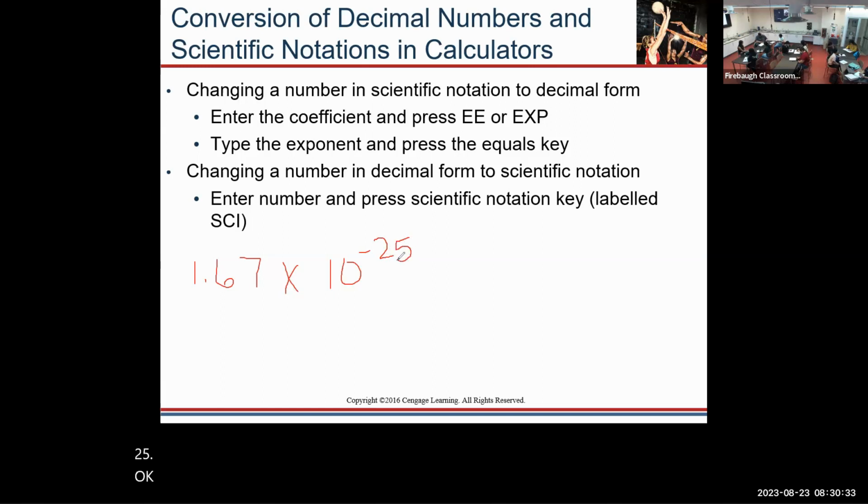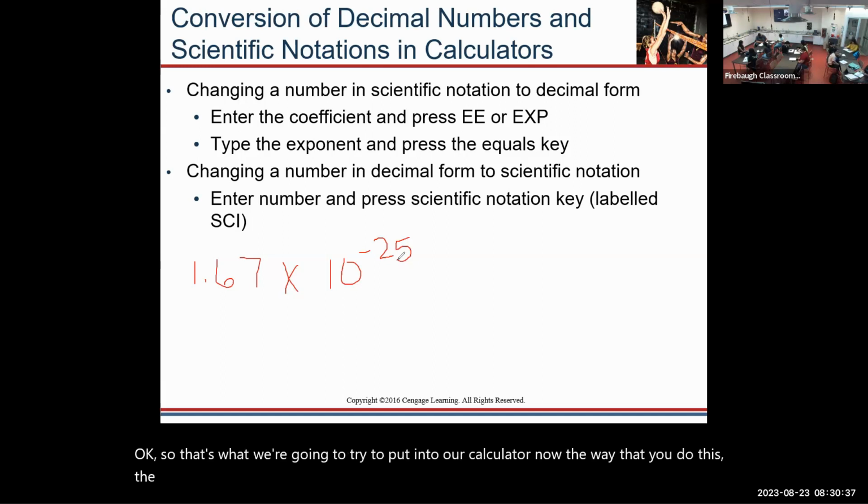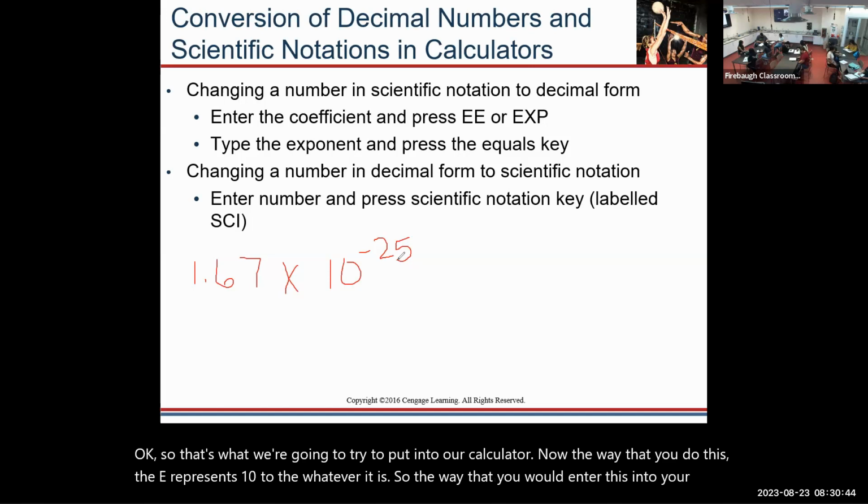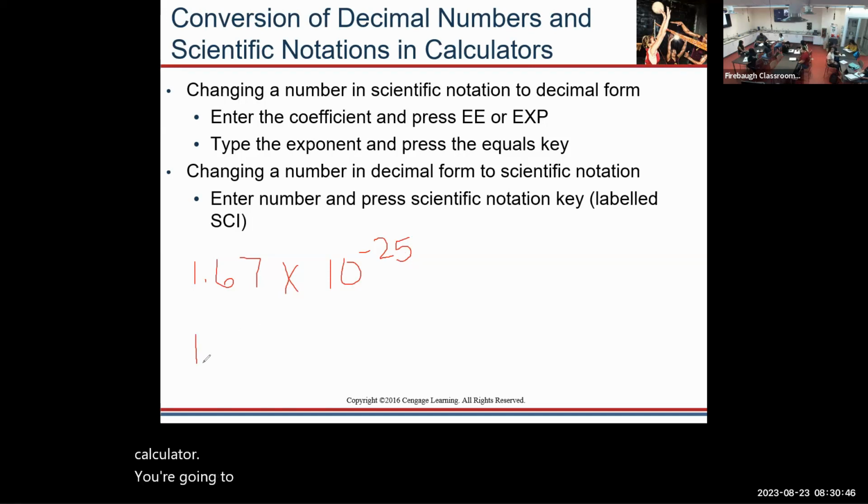Okay, so that's what we're going to try to put into our calculator. Now, the way that you do this, the EE represents 10 to the whatever it is.